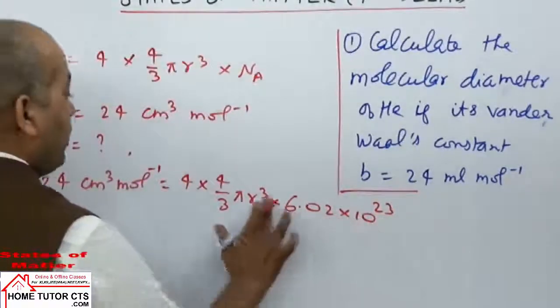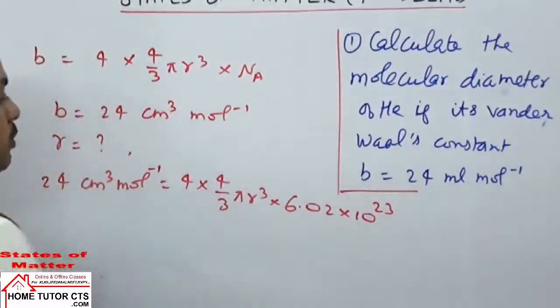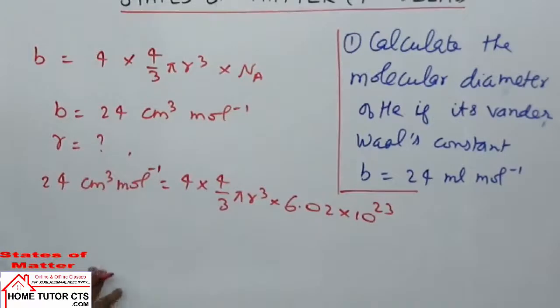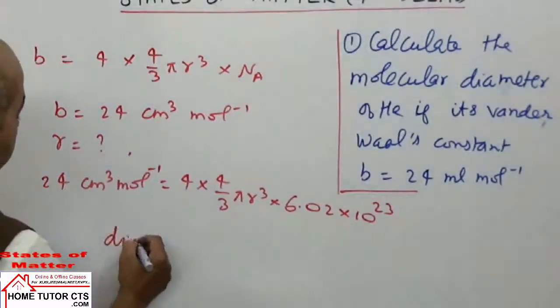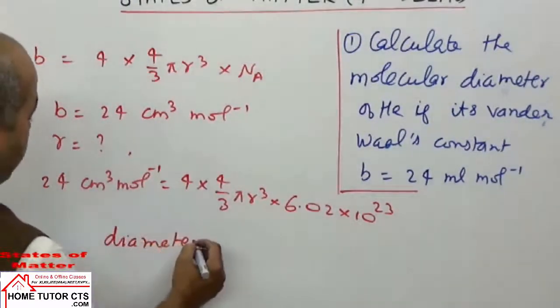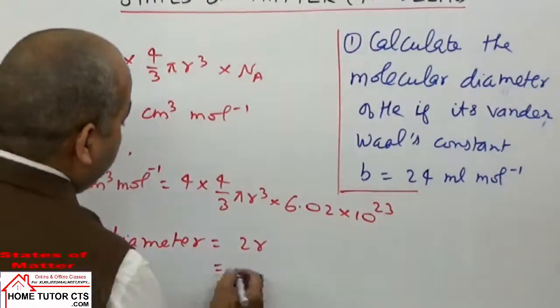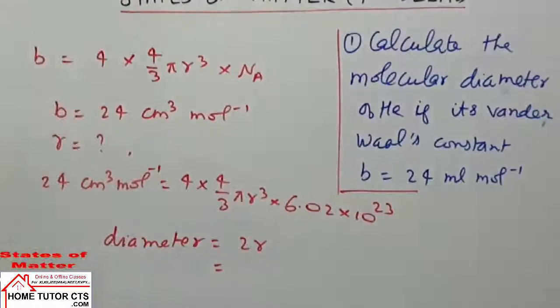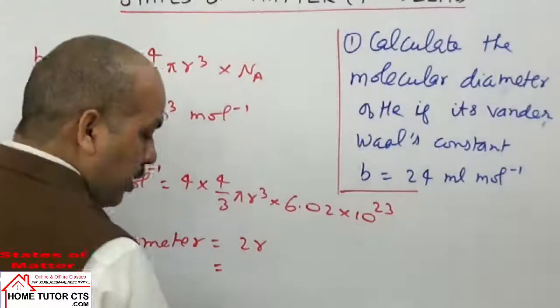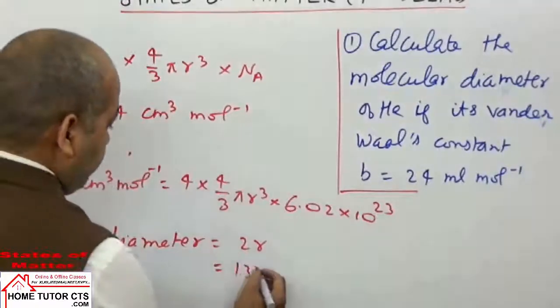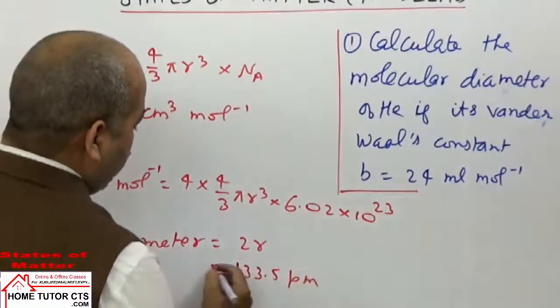This become in cubic centimeter. Means so we can get first here radius of the helium atoms, and then we can find diameter will be how much? 2r, and on solving the answer will come. We can find the answer first in centimeter, and then you can get in picometer. This value is coming 133.5 picometer as your answer.